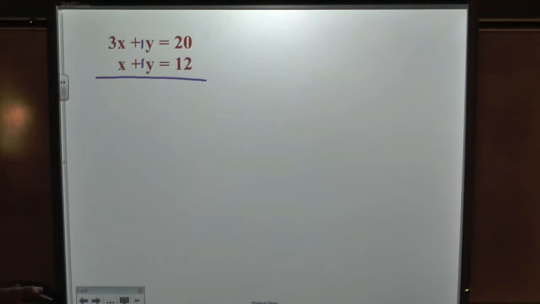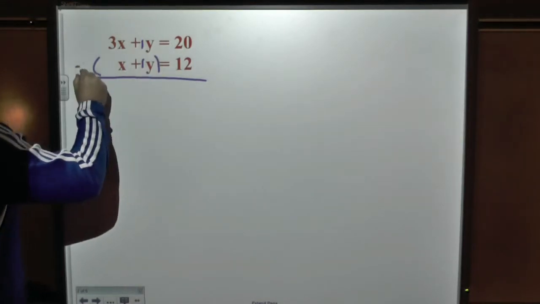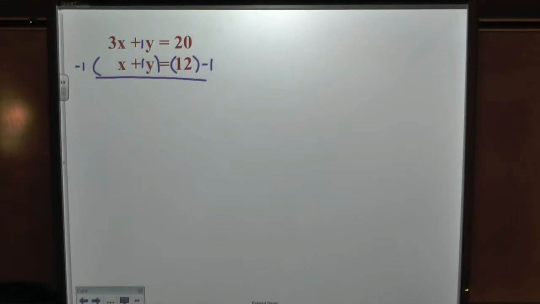If you have this, we're going to change one of the equations, and the way we do this is we multiply the second equation, the whole equation, by -1.